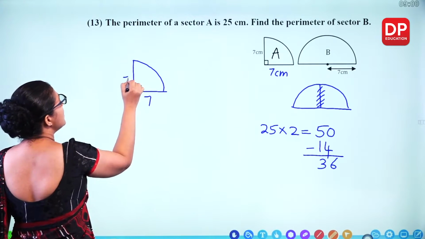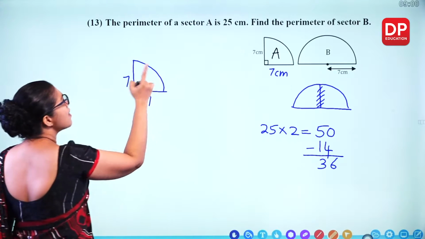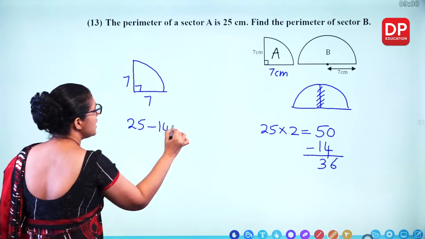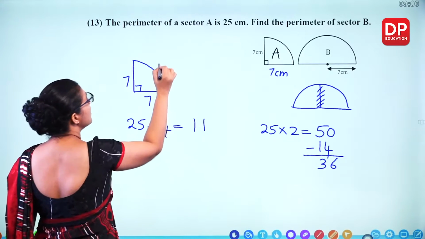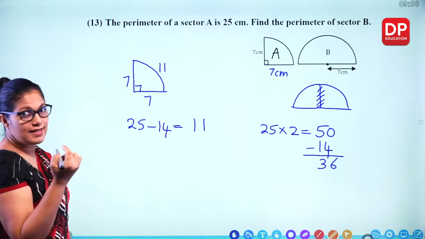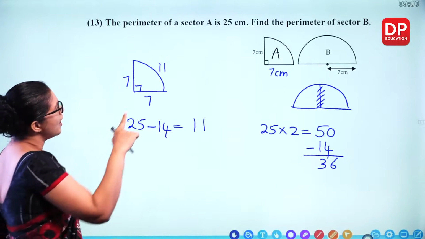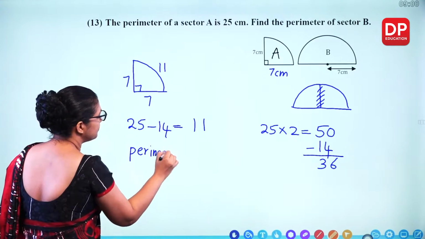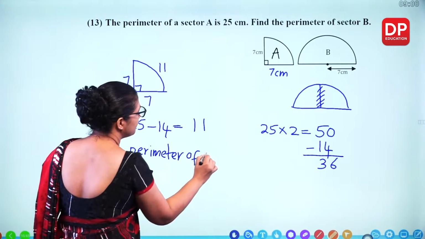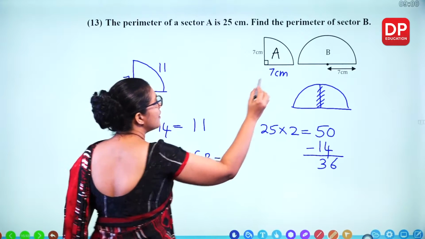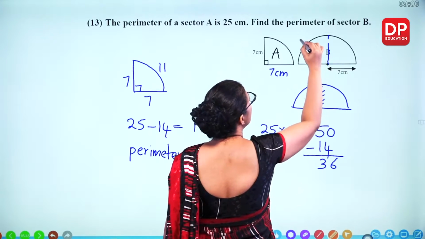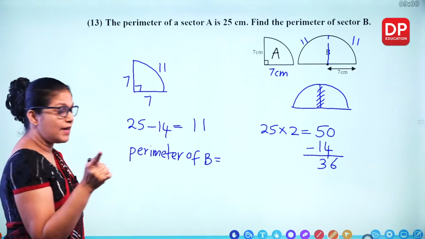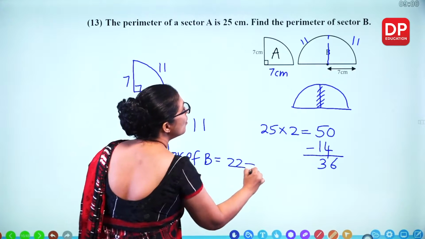One can do like this. If this is 7, this is 7. What is this arc length? 25 minus 7 and 7, 14. 11. So this is 11. Arc length is 11. Now you can find out the perimeter of B. This is 11, this is 11 then. 11 and 11, 22 and 14.